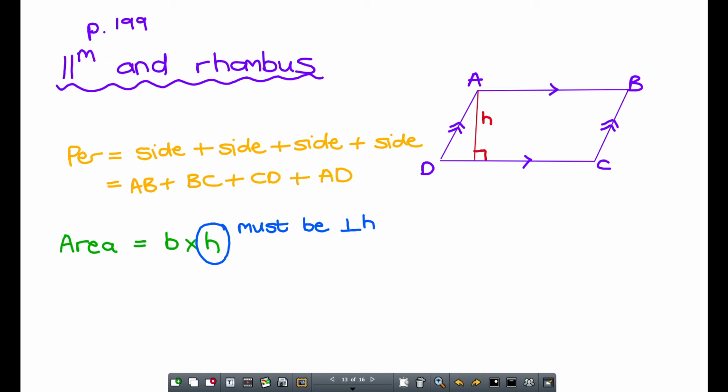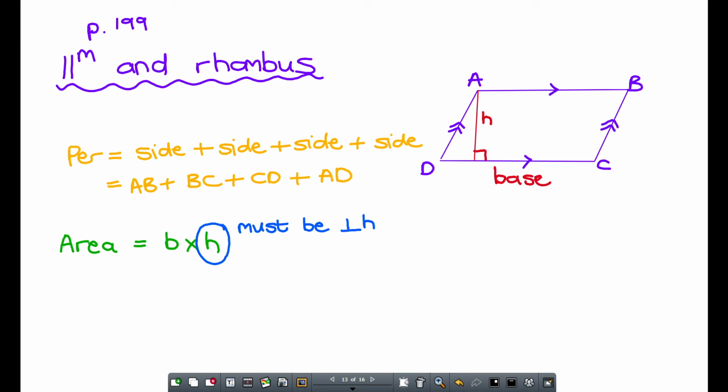height. Okay, now the equation says base times height. So obviously base must be at the bottom or at the top of that height. Okay, so if this is my height, then where would base be? This is going to be my base. Yeah, you could have.